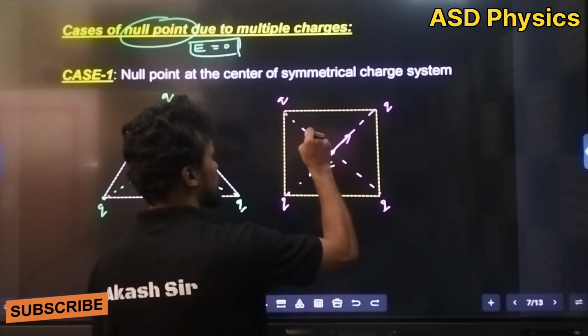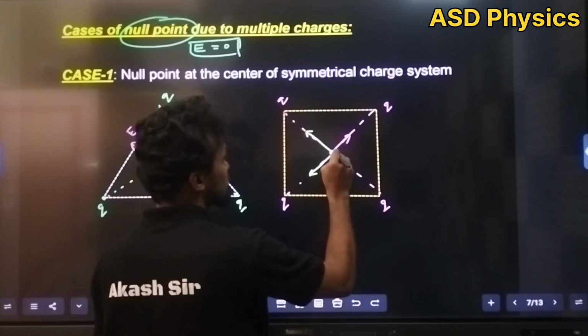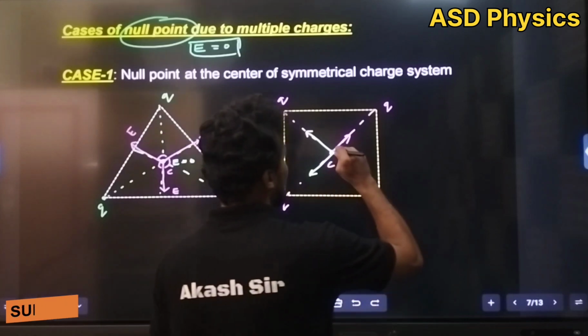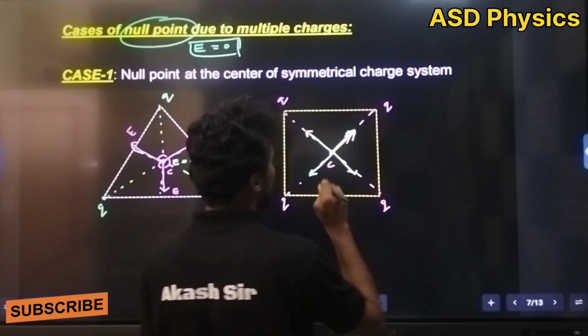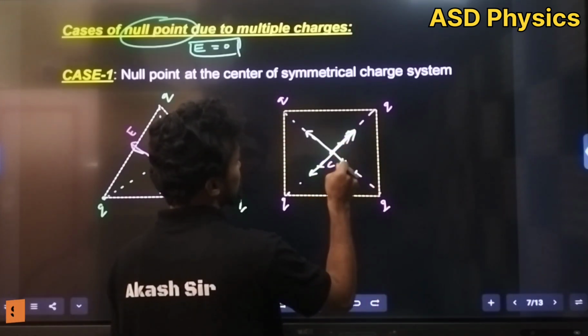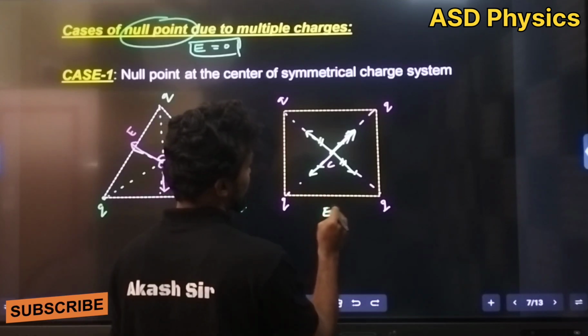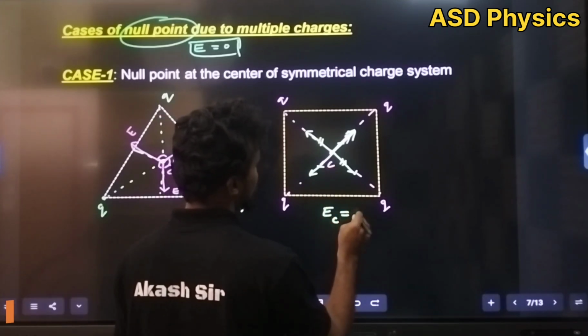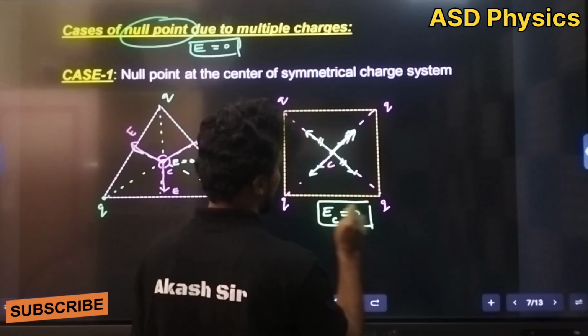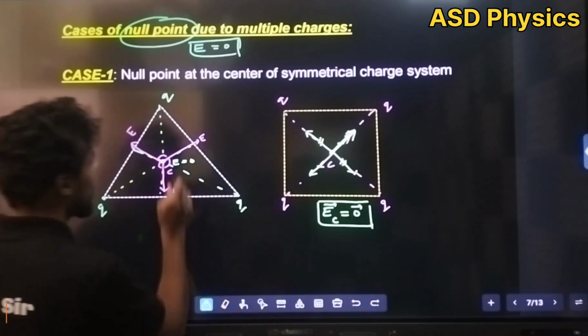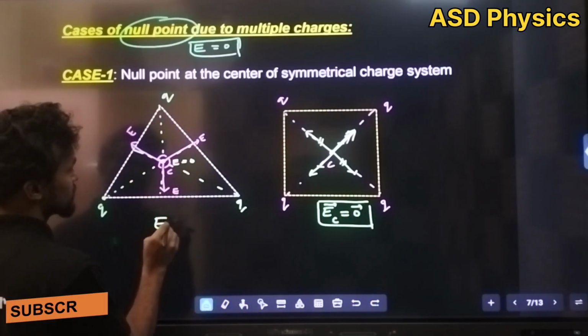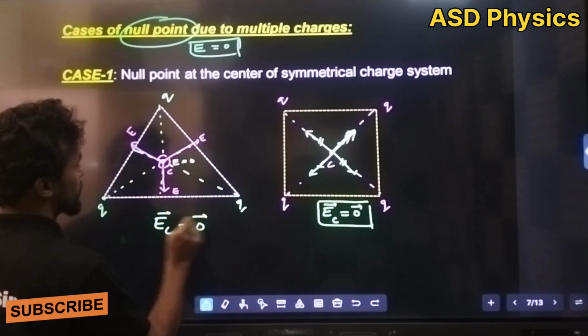Due to this Q, electric field in this direction away, and due to this Q, electric field in this direction. Kindly draw all of equal length. So this is cancelled by this one, and this is cancelled by this one. That means the electric field intensity at the centroid is 0, a null vector. Here also, again I am telling you, this EC is 0, a null vector.